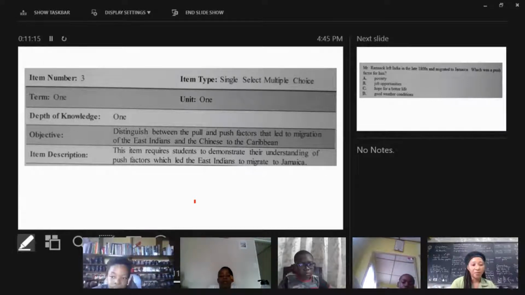This item requires students to demonstrate their understanding of push factors which led the East Indians to migrate to Jamaica.